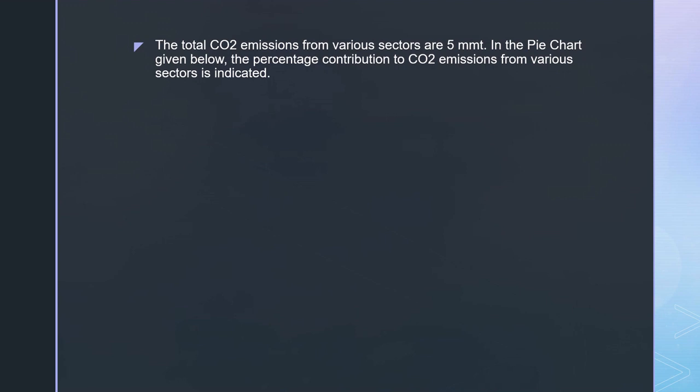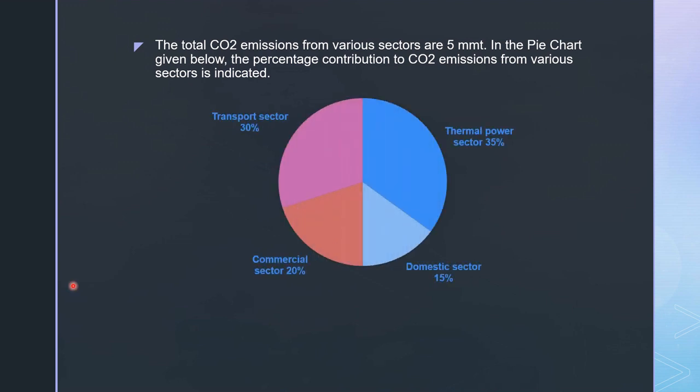The next question is: the total CO2 emissions from various sectors are 5 MMT. In the pie chart given below, the percentage contribution to CO2 emissions from various sectors is indicated. From the transport sector, the value is 30%. From the thermal power sector, the value is 35%. From the domestic sector, the value is 15%.